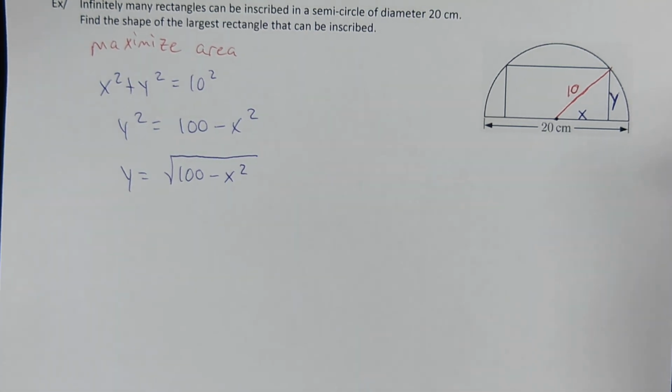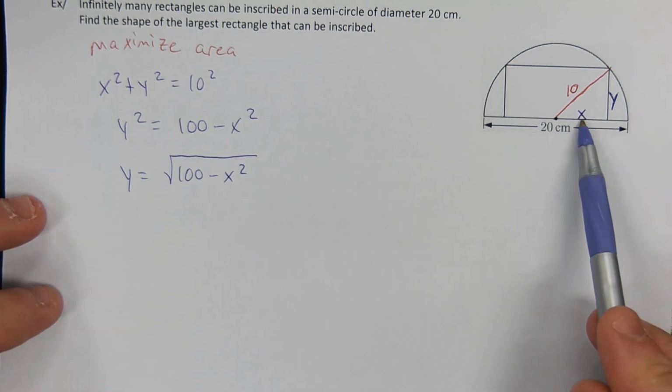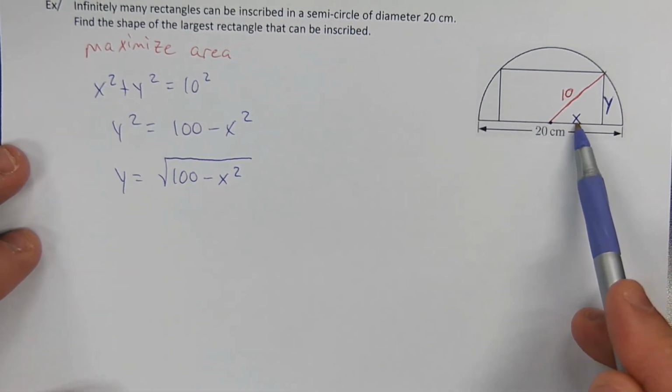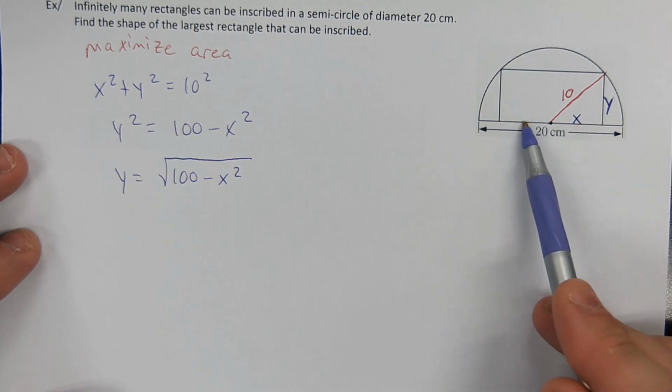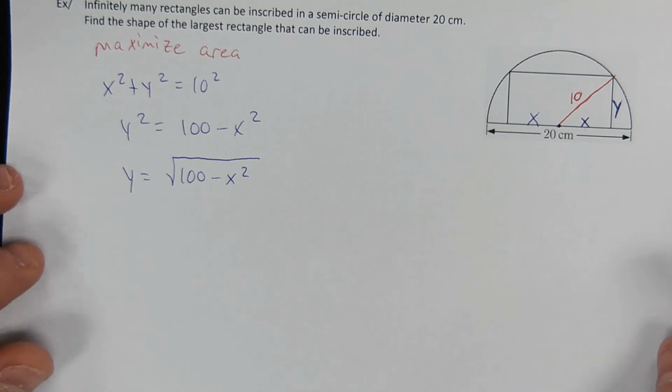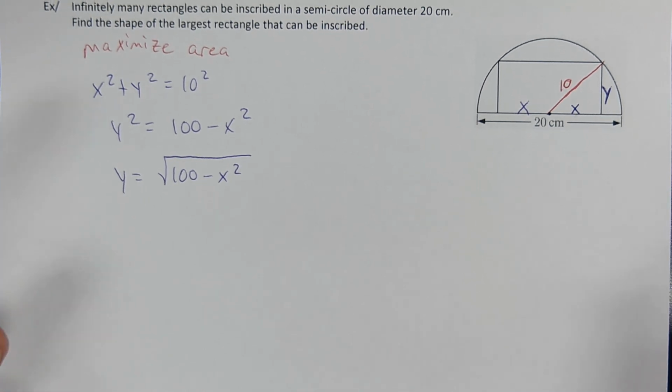There. So why did I care to find this? Because, like Ethan said, if I know this x here, Ethan was right, I needed triangles. But if I know this x here, I know there's also an x here, right? Oh, look, now I know the length and the width of my rectangle.